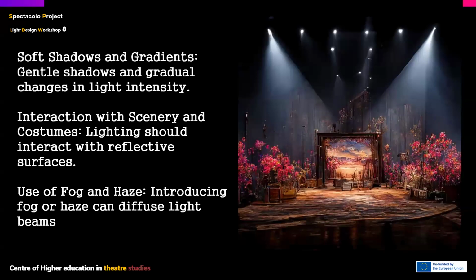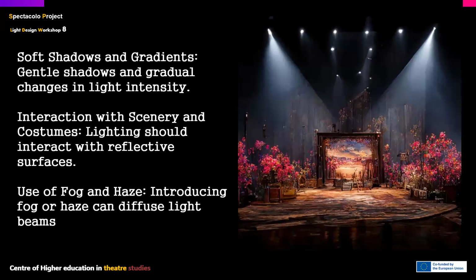Well, now, soft shadows and gradients. Gentle shadows and gradual changes in light intensity can create depth and dimension, adding to the immersive, fantastical environment. Another thing is the interaction with scenery and costumes. Of course, costumes and scenery must be taken care of.